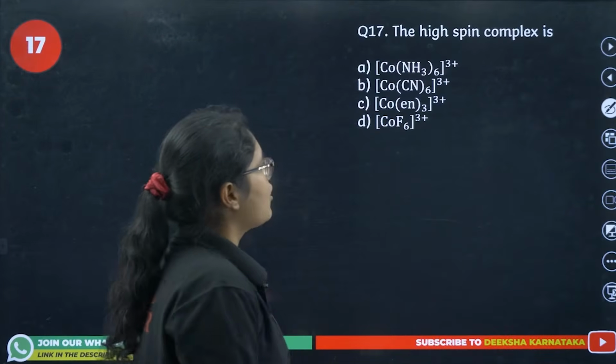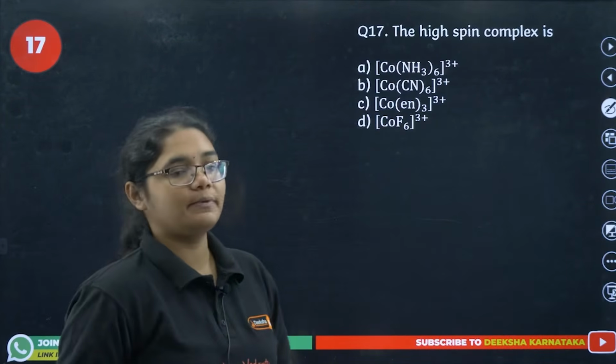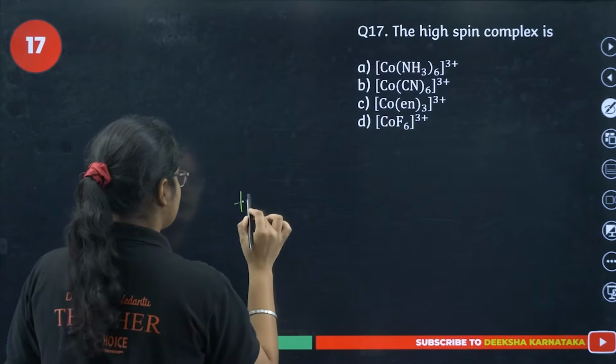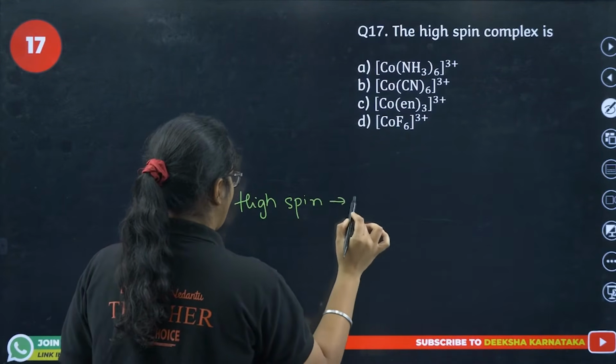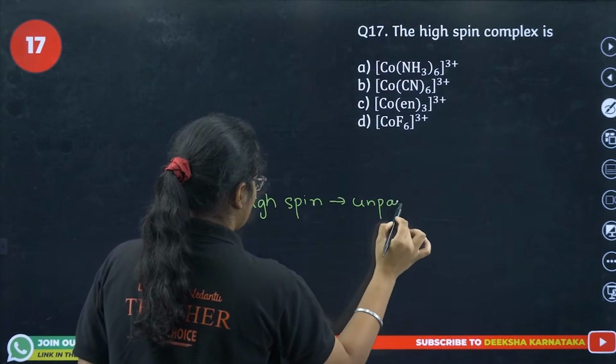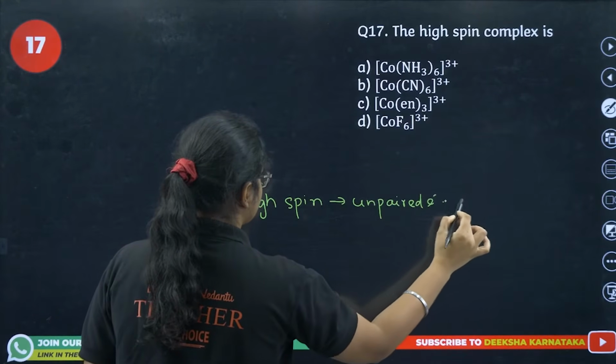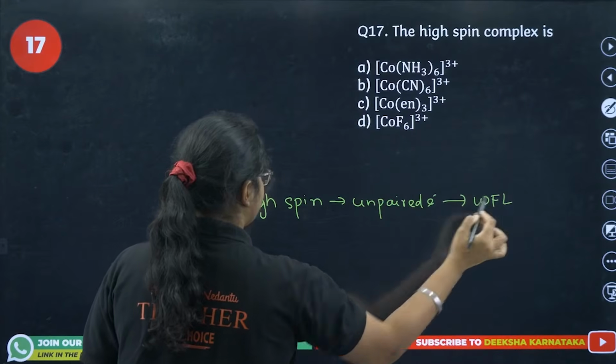Next, the high spin complex is. Here also remember, a high spin complex means it should have unpaired electrons, and that is generally formed when we have a weak field ligand.